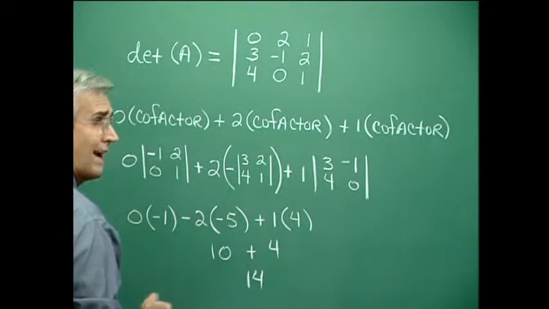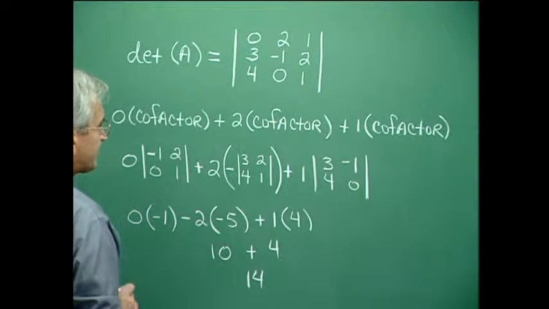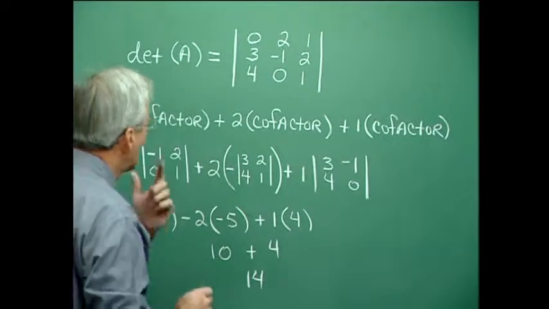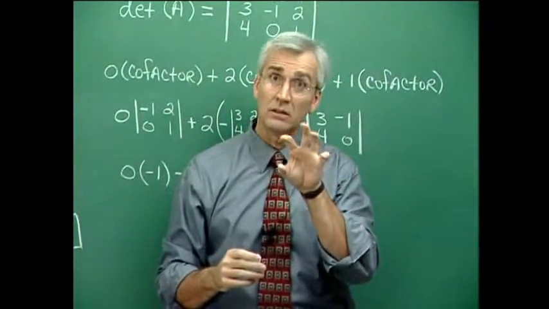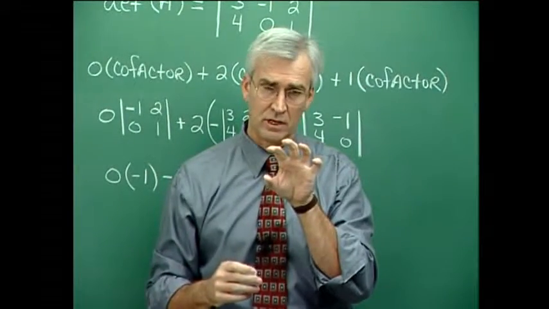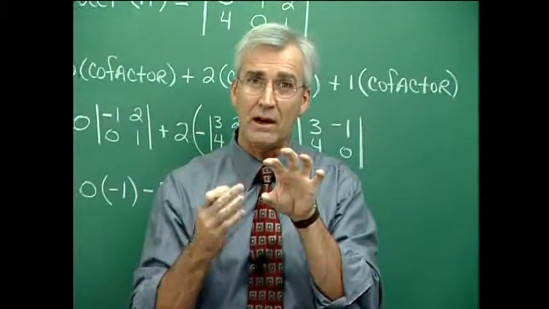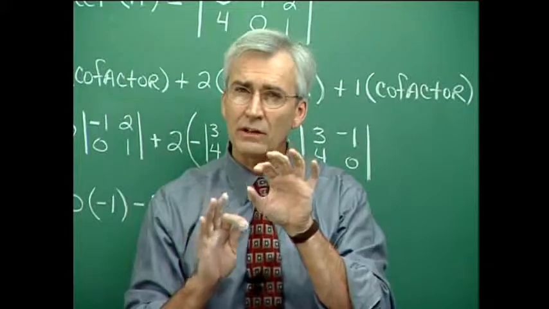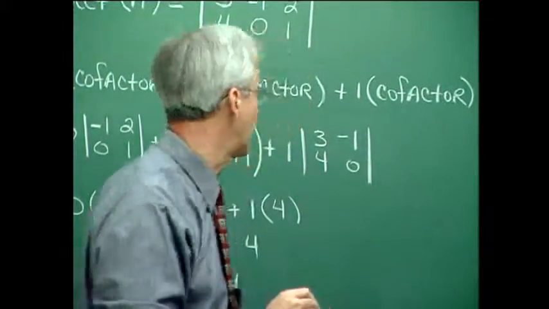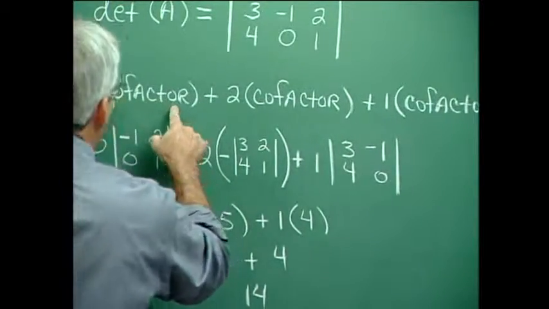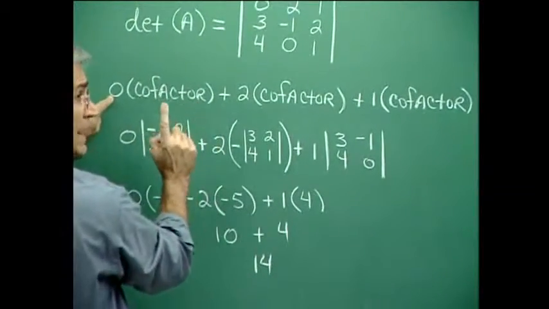Now, what is this cofactor business? Well, a cofactor has involved with it the determinant of a small matrix, and also a sign pattern. Let's identify this determinant notion first. The cofactor involved with 0 is found by doing this.